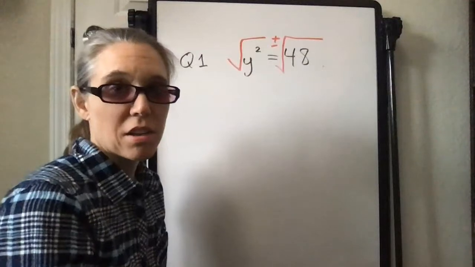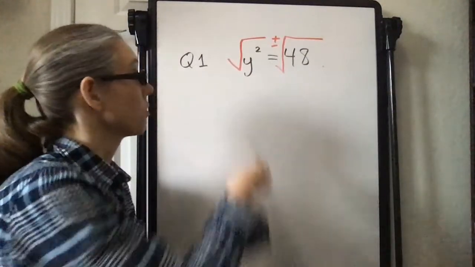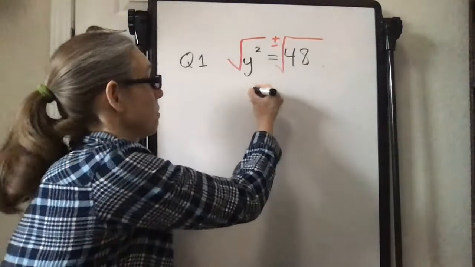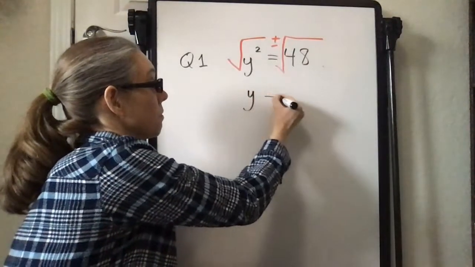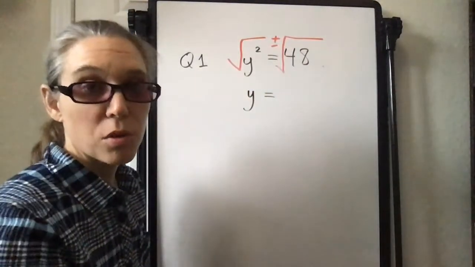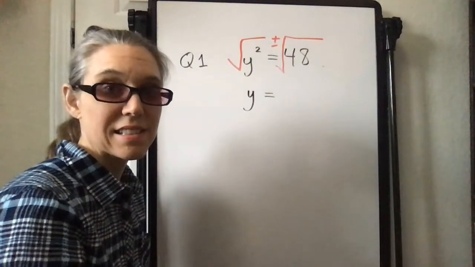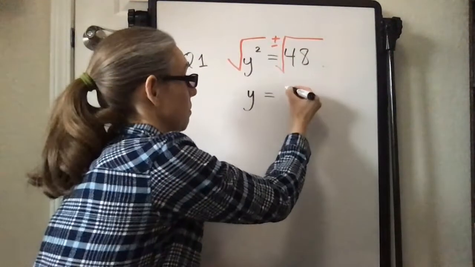From here, we then go to the next line. Of course, the square root of y squared is just y. The square root of 48 can be simplified by splitting 48 into 16 times 3.